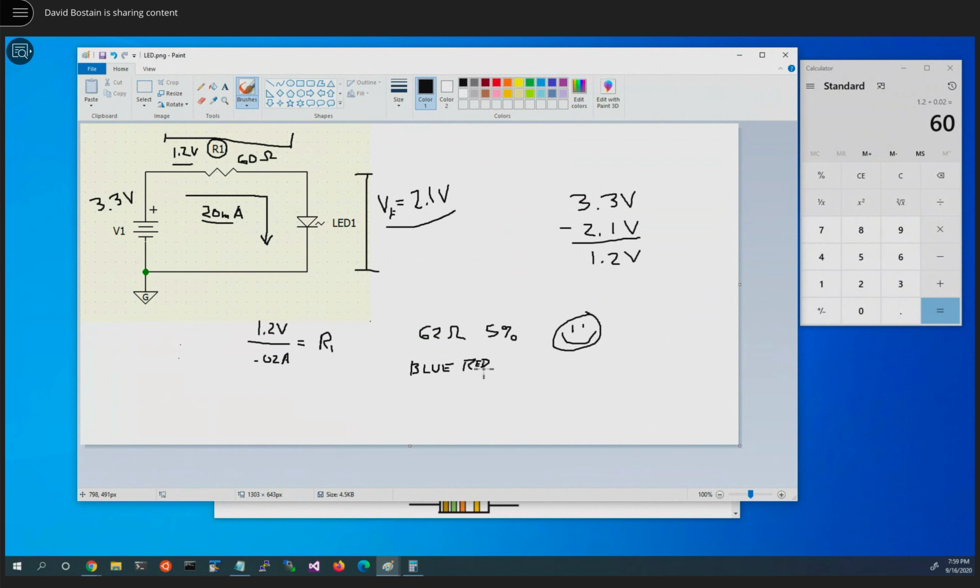What's the color of the next band? Drop it into chat. How many zeros are there after the 62? There's none. What color is 0? It's black. I'll just put B, okay. And at 5%, that means the next band is gold.